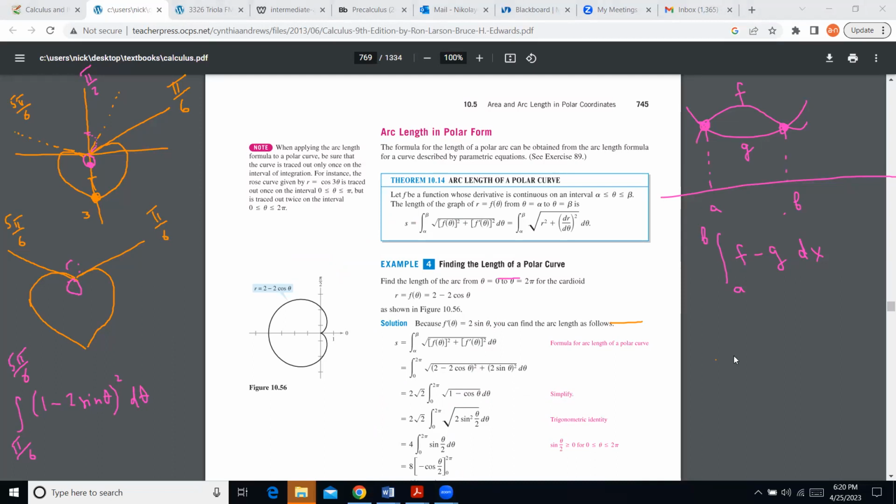Remember, we had the one for polar coordinates that was dealing with the square root of the square of the function for x, and then the square of the function for y. And they're all in terms of theta, so it's like d theta. So now they are turning this into the arc length function. That was arc length, we used to call it s, right? So from say alpha to beta.